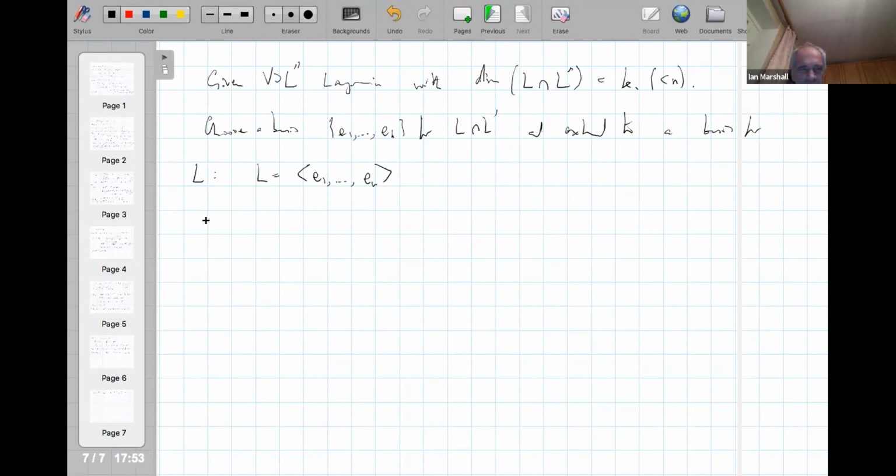So we have any vector that can be expressed as a combination. So we have e double prime, that's the basis for L double prime.